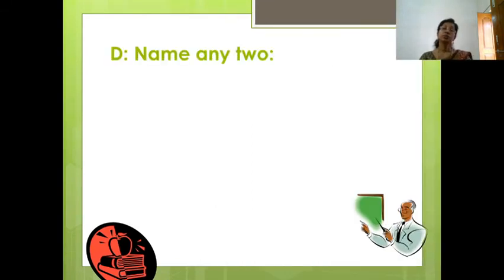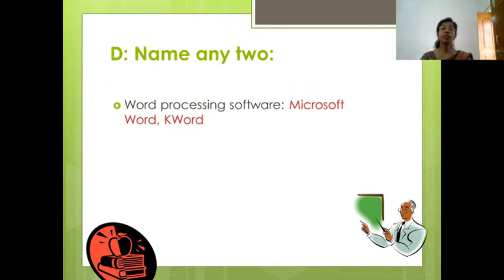Now let's see question number D. Name any two examples. First one, name any two word processing software. Microsoft Word and K-Word.